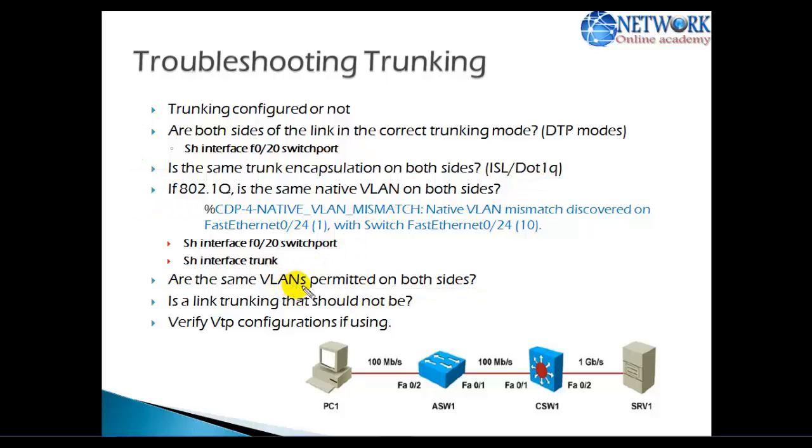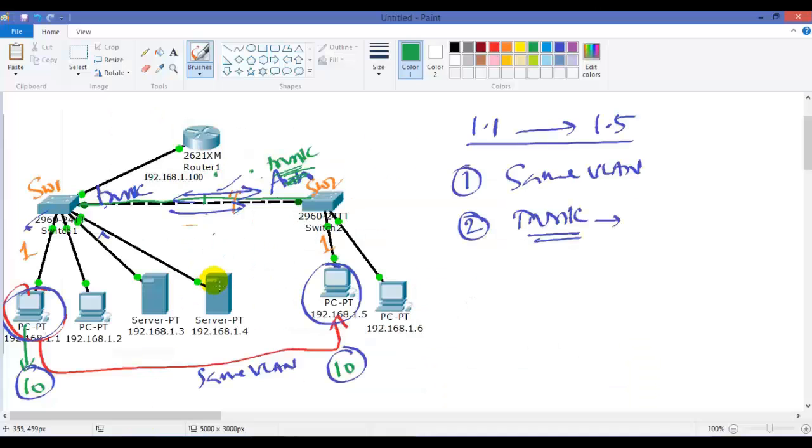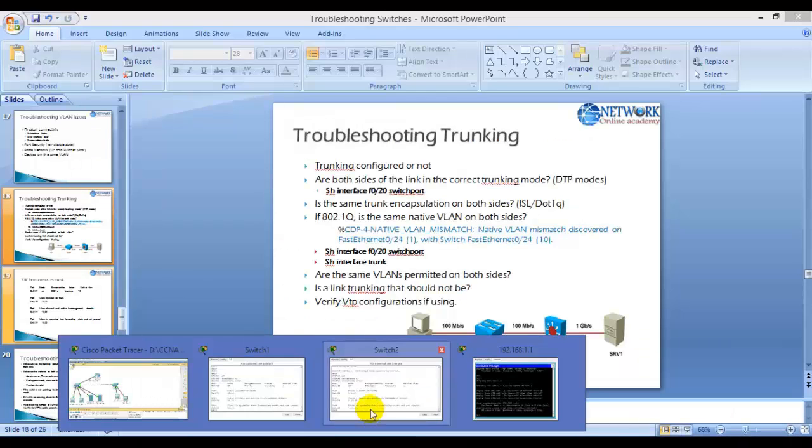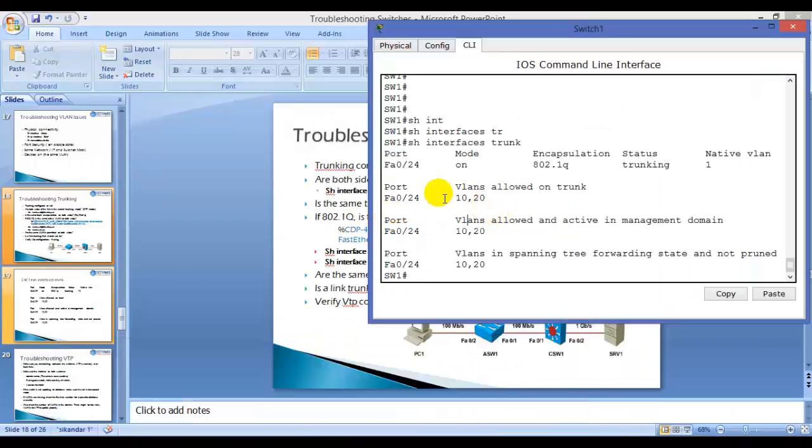So what I'll do is I will try to take my same scenario here, and by default let me just show you that configuration on my switches. Switch 1, show allowed VLAN on the trunk.